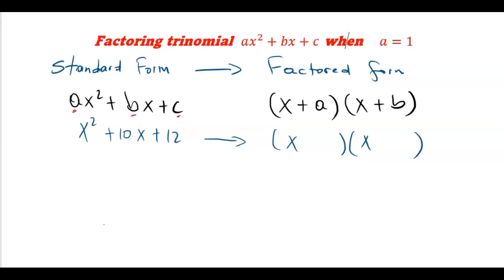So we need to figure out what we're going to put over there. First, let's identify our a, b, and c. The a here is 1, b is 10, and c is 12. So we're starting with the 12. Find all the factors of 12 and see which pair is going to give us 10 as a sum.